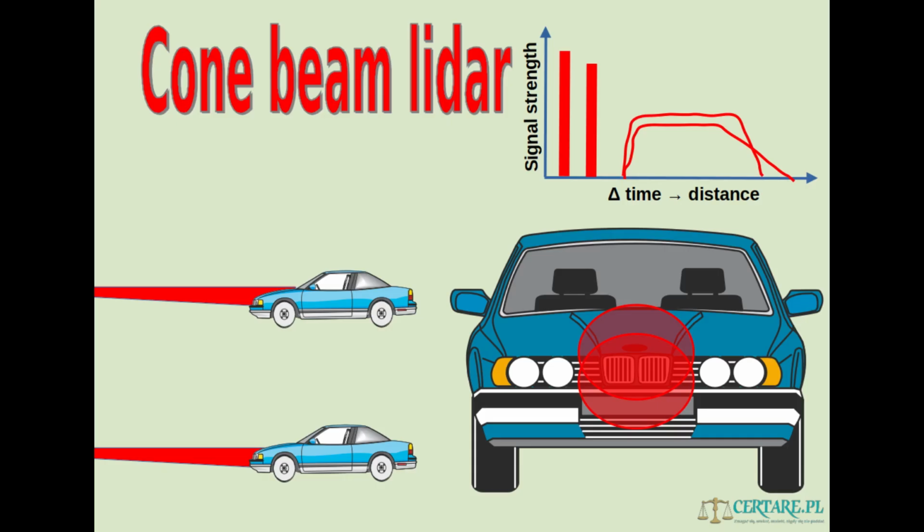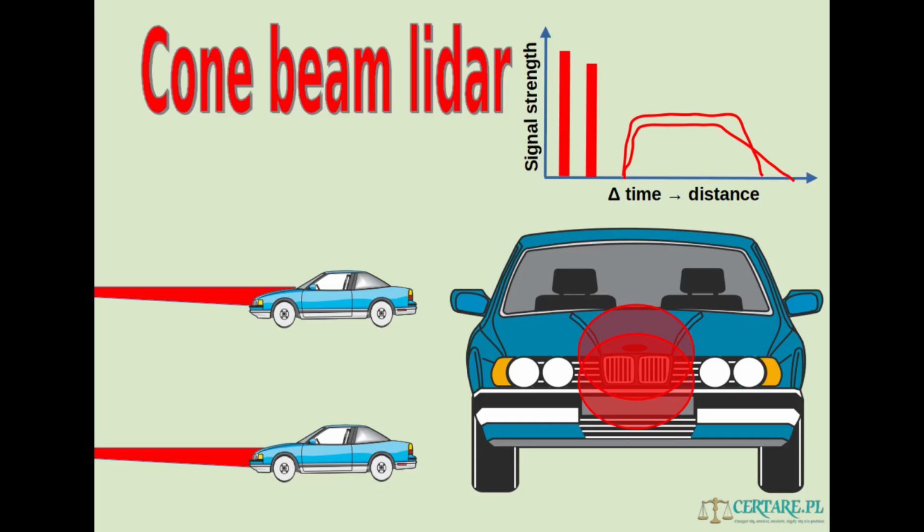Now, on the other hand, if the beam of the lidar is wider, like shown on that picture, then this movement of the point between the two distance measurements would result in a completely different effect. Because if the beam is wide, then you are not getting a bar as the return signal.